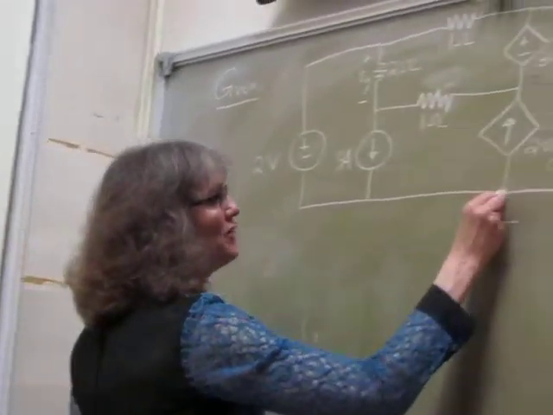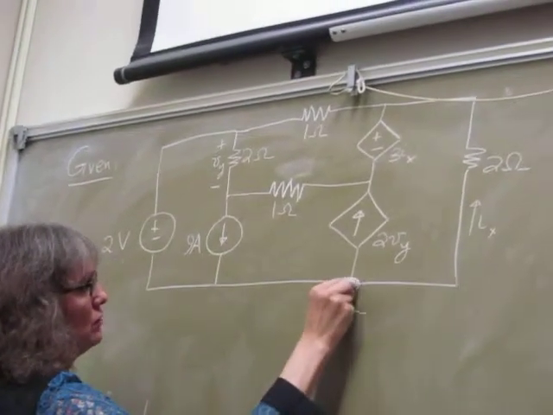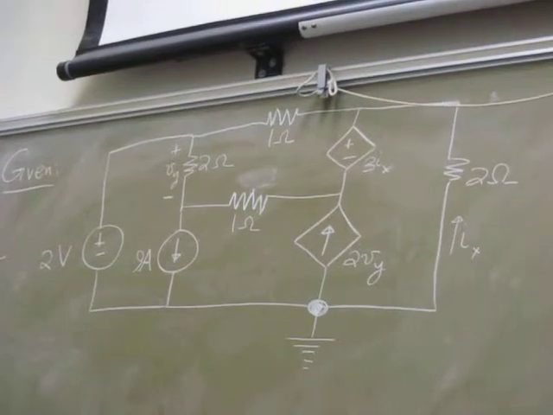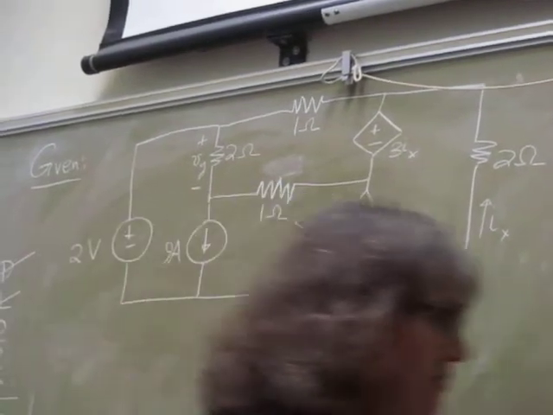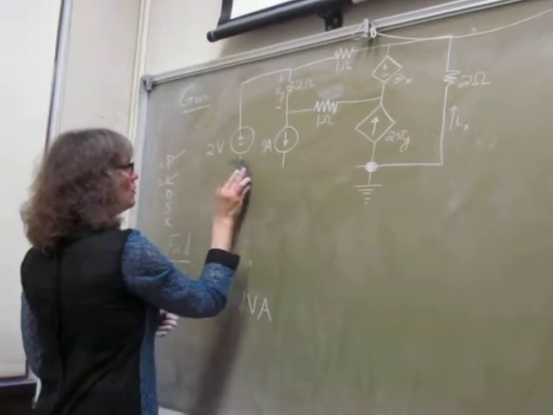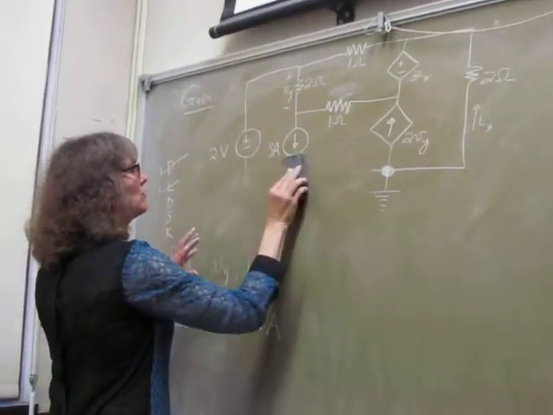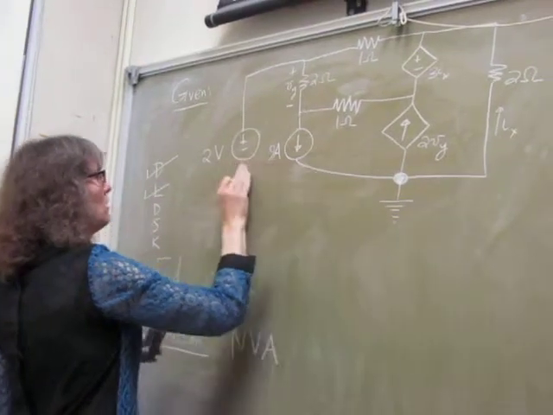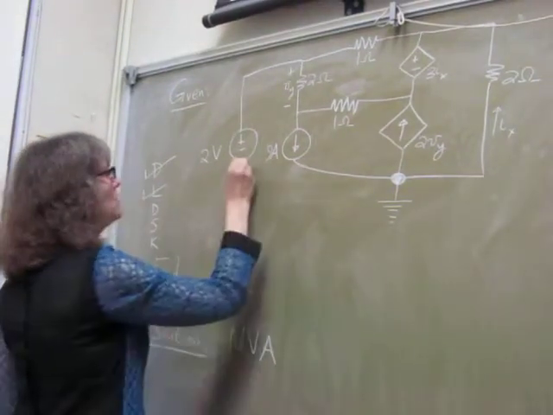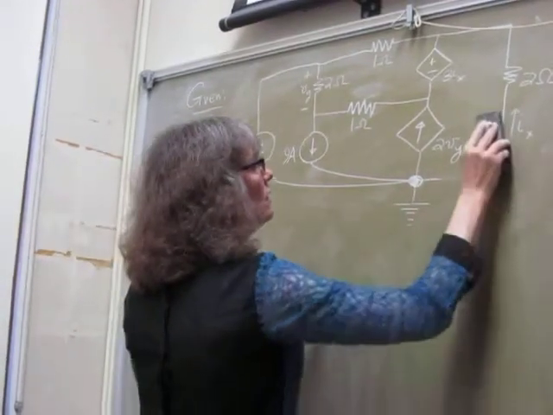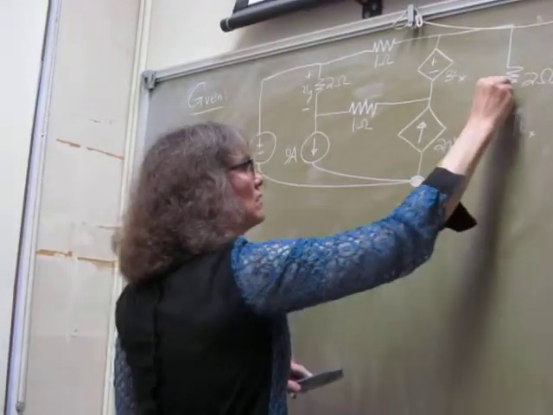Okay, so we've got this ground node. So there's one node. This is the same node. Sometimes when you do this node voltage analysis, you might want to draw it with more rounded corners, just because it makes it more clear that these elements are all coming into the same exact ground node. And just to make it consistent, I'll round that corner.